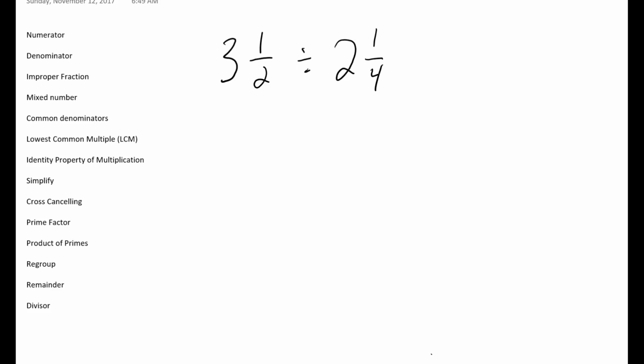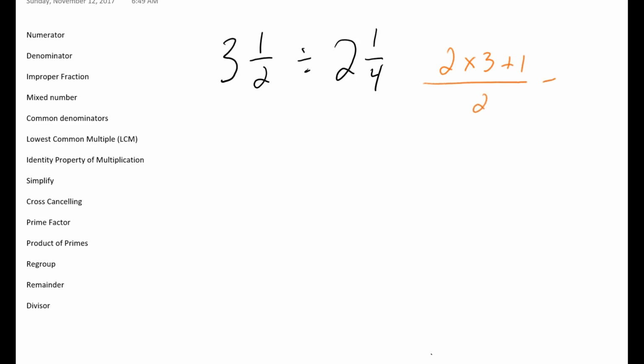Now this is easy because when you add and subtract fractions, you have to find common denominators. But I still have to start with finding all fractions. So I'm going to rewrite this as the denominator times the whole number plus my numerator all over 2.